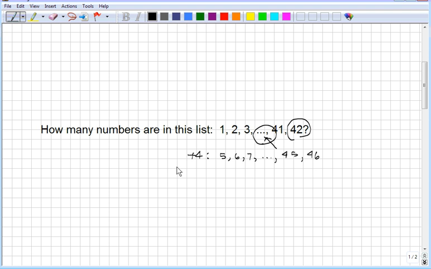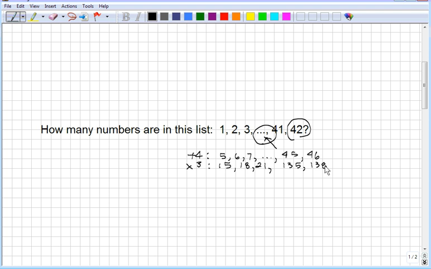Let's do something else. What if we multiply all these numbers times 3? Then we'd have 3, 6, 9, ... 135, and this is 138, right?